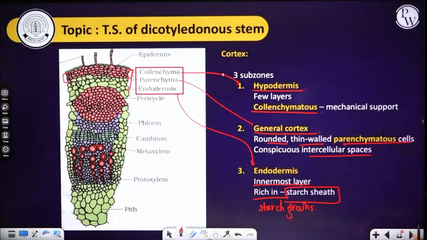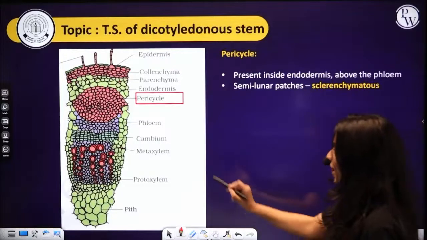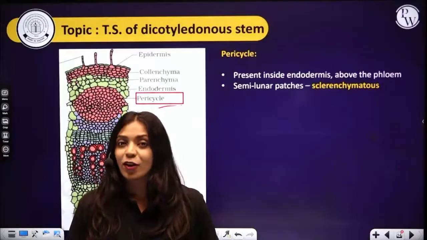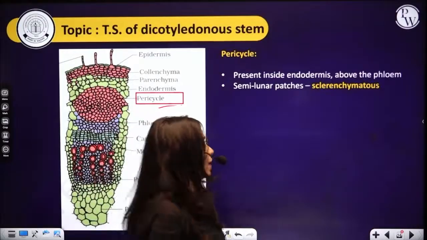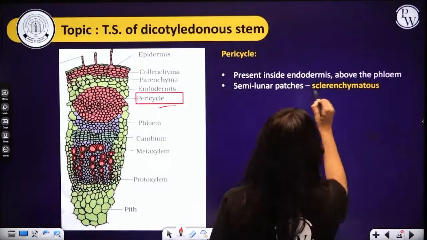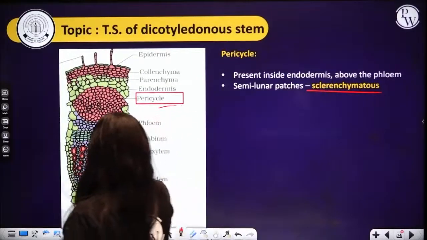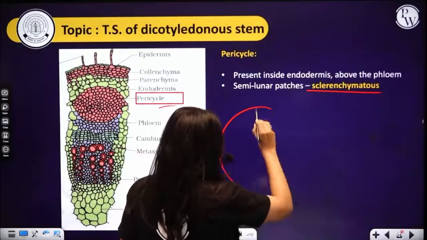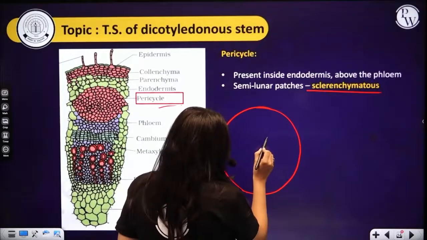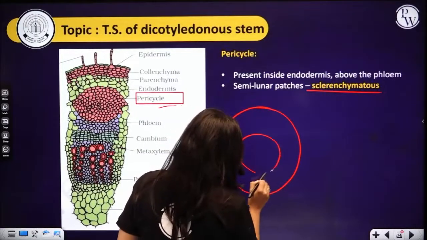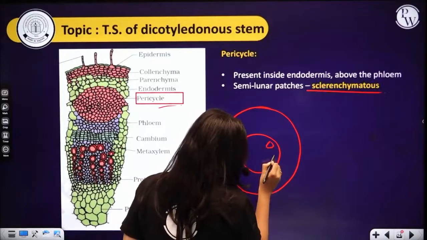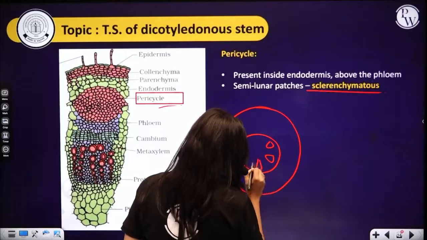All right, now let's move on and talk about the pericycle. The pericycle in case of dicot stem is made up of sclerenchyma tissue. The thing is, it is present in the form of semilunar patches. So if you take this as the epidermis and this as the endodermis, I told you how the vascular bundles are arranged in the form of a ring, right?